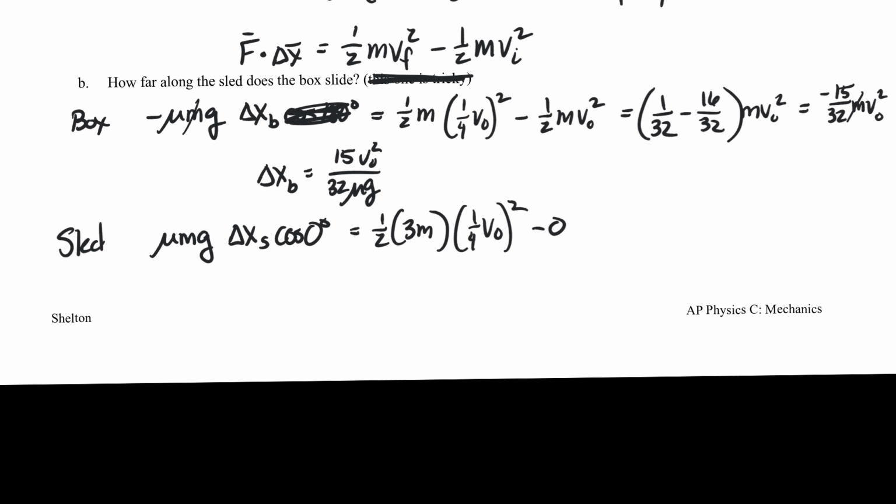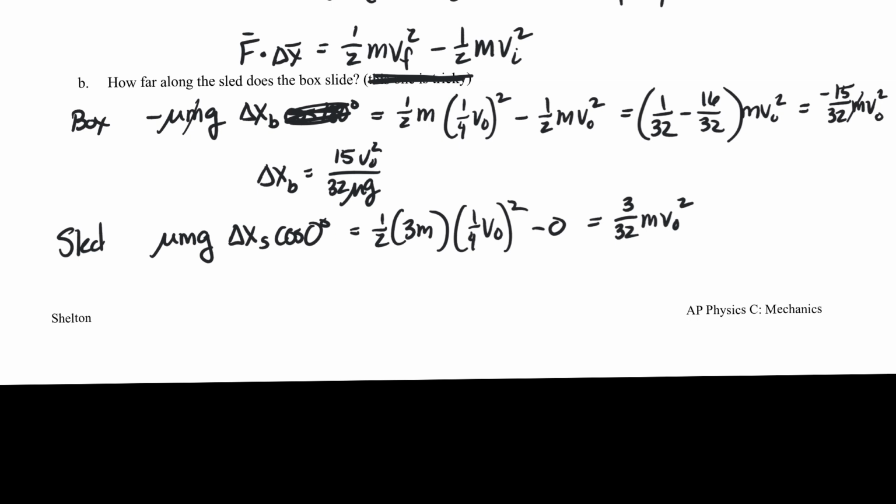All good? We all okay? Let's go ahead and do this one. 1/4 squared is 1/16, times 1/2 is 1/32, so 3/32, m v naught squared.